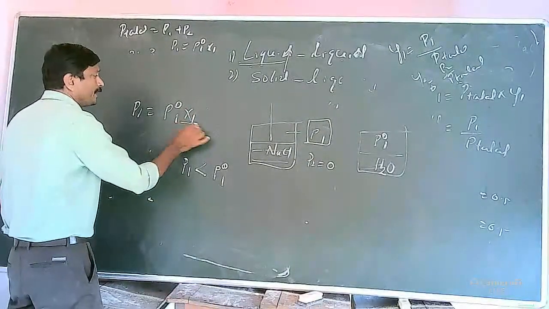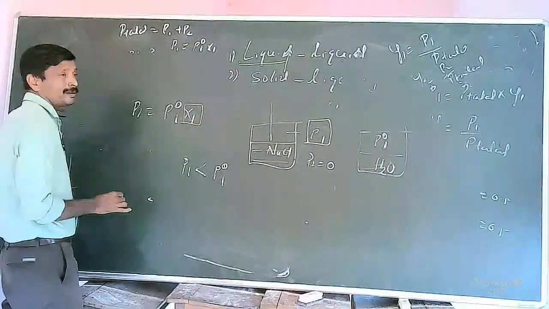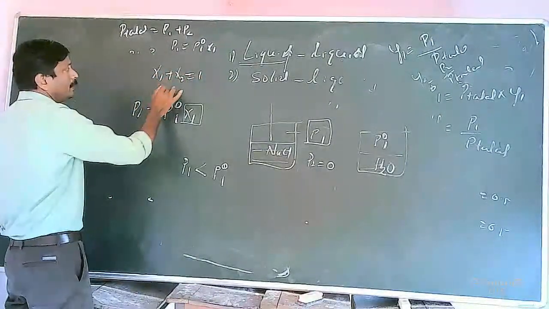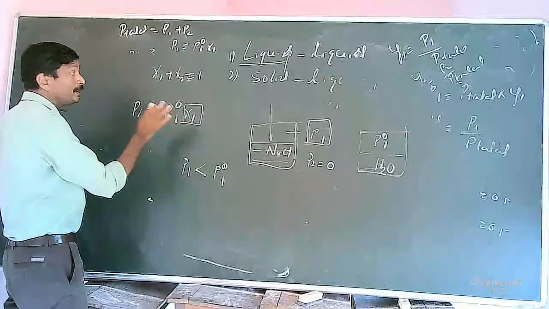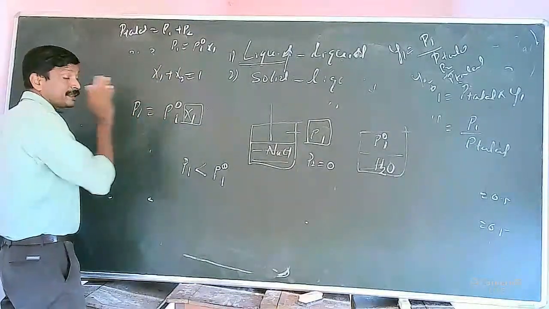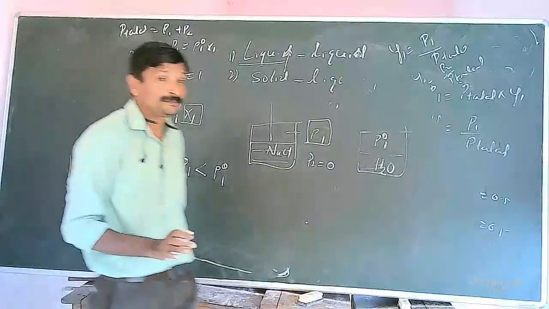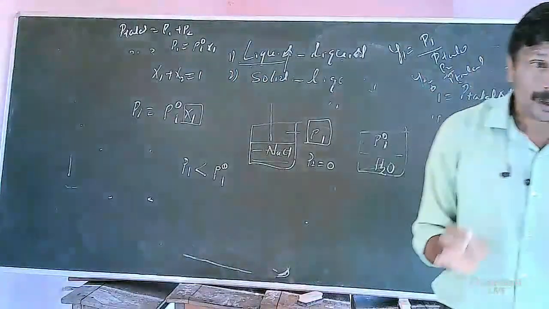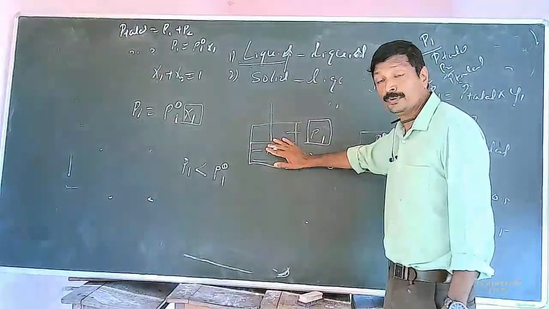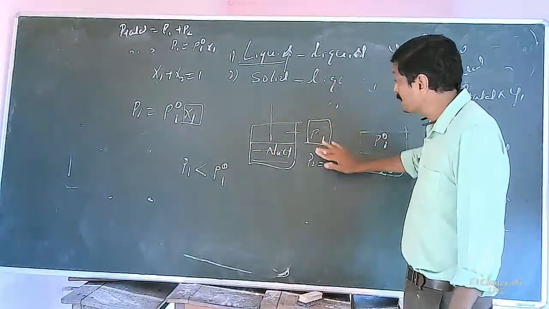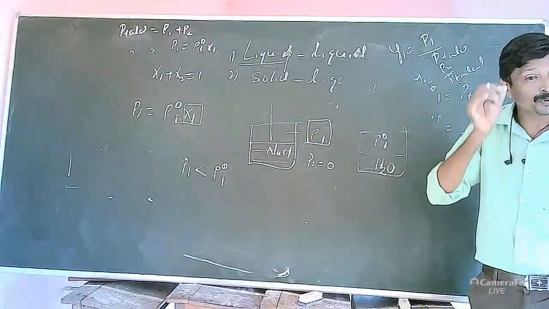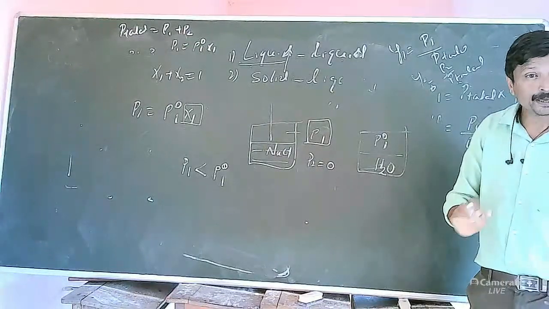You know X1 is always less than 1 because X1 plus X2 is equal to 1. Therefore, P1 is always less than P01. The vapor pressure of the solution containing a non-volatile solute is always less than the vapor pressure of the pure solvent. This you have to remember.